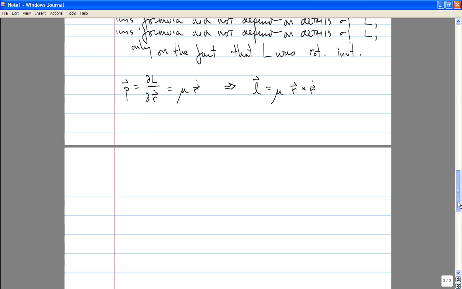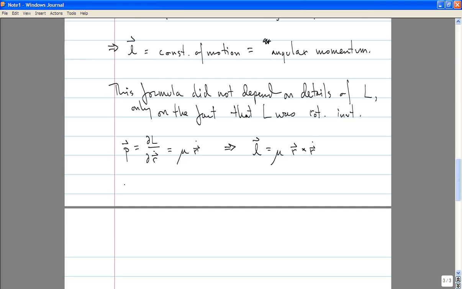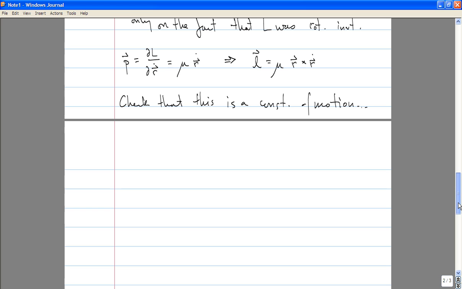So in order to check that this is a constant of motion, let's look at our Lagrangian here. So we have 1/2 mu r dot squared minus V of r.